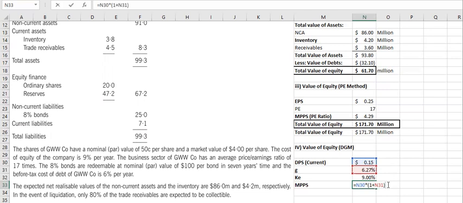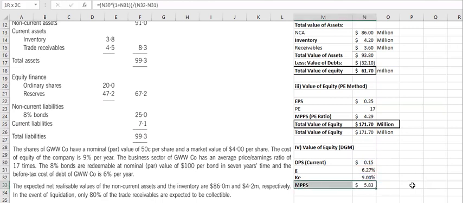Remember, if the question gives us a dividend for the next year, then you do not need to multiply it by 1 plus G. Just simply put the next year's dividend and do not multiply it by 1 plus G. After multiplying it by 1 plus G, we need to divide the whole figure by KE minus G, and this will be done in every case, whether it was the current dividend or the next dividend.